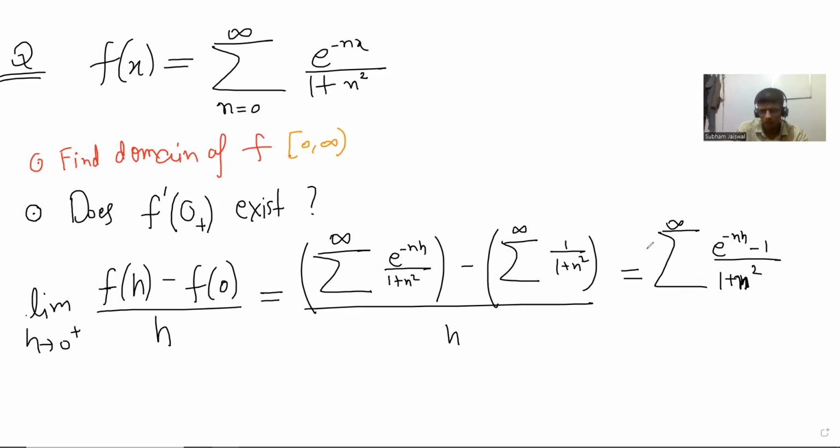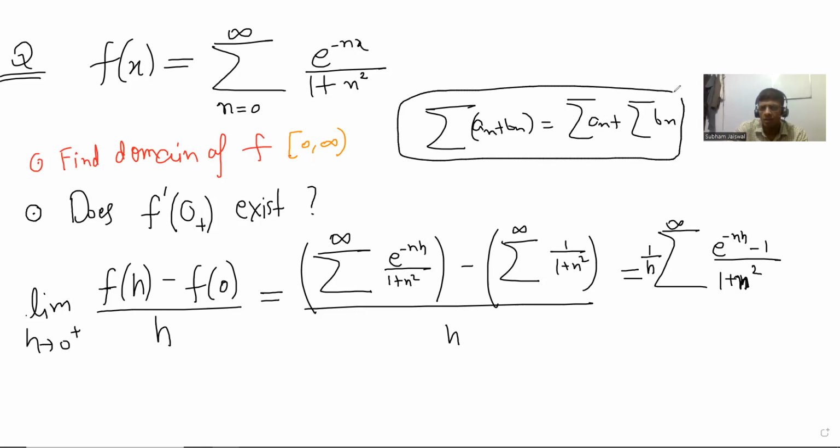Obviously, we are not writing the limit. But you see here, what is happening is that I am saying that the sum of (an + bn) is equal to the sum of an plus the sum of bn. But nowhere is it said that this is true. It doesn't follow from the definitions.